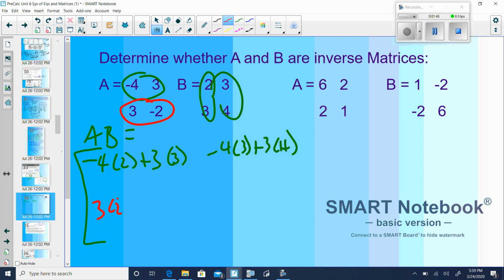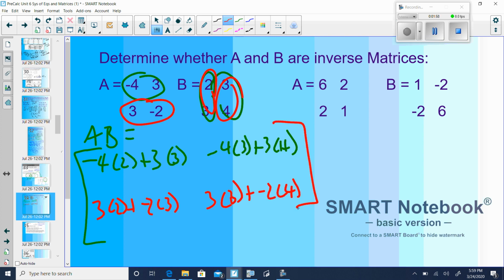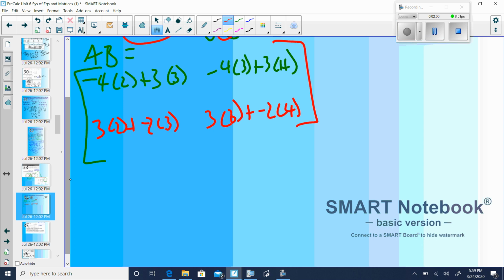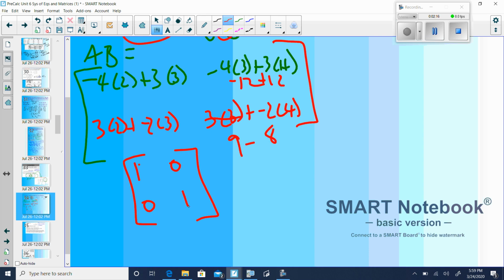So we have 3 times 2 plus -2 times 3, row times column. And then we have row times column right here. So 3 times 3 plus -2 times 4. All right, so -8 plus 9 is 1. -12 plus 12 is 0. 6 minus 6 is 0. And 9 minus 8 is 1.